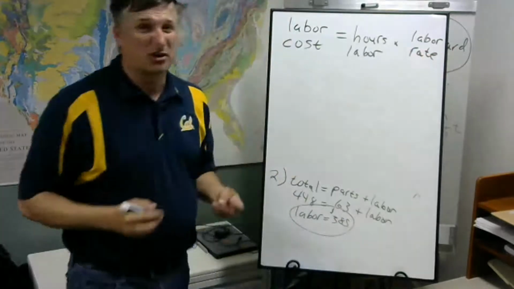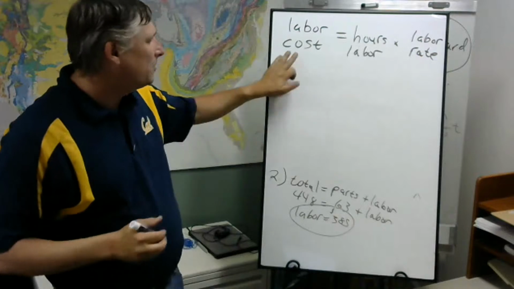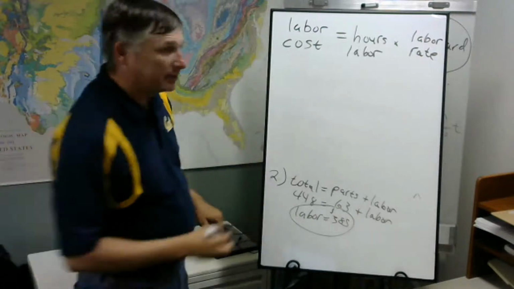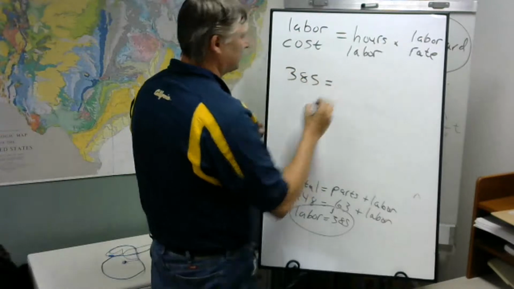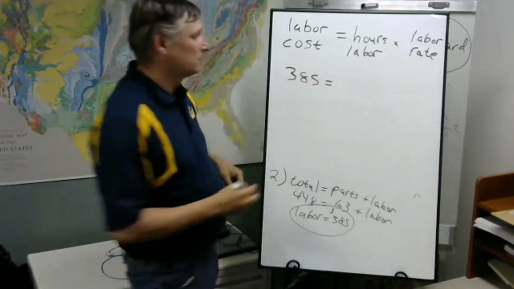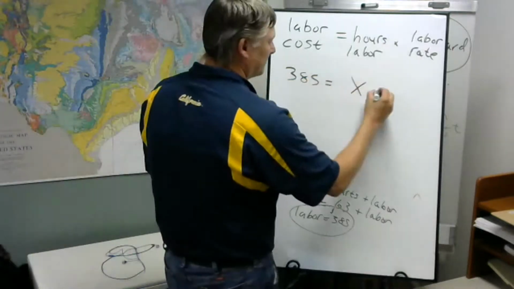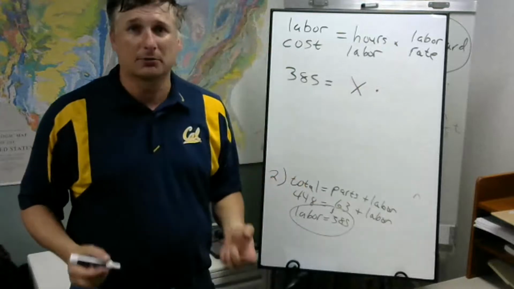This is something you're being charged, like the pay rate or the cost. Now we know the labor cost, the total cost for labor was 385. The hours of labor we don't know. That's X. But we are given the rate. Labor was $35 per hour.